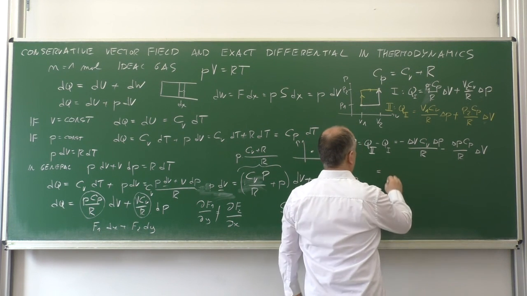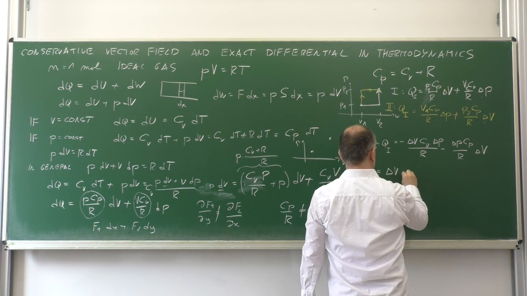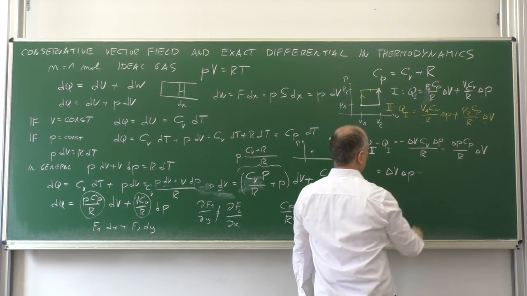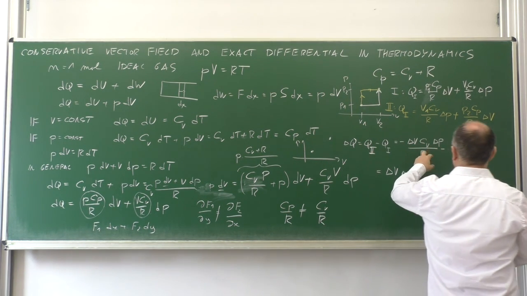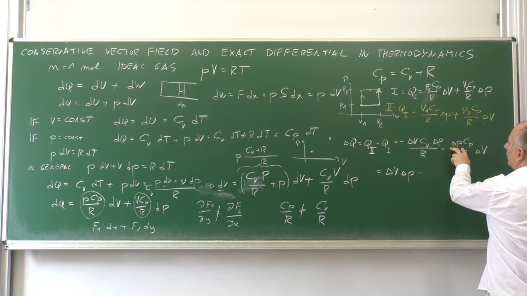We can factor out delta V delta P, and what remains is Cv minus Cp.